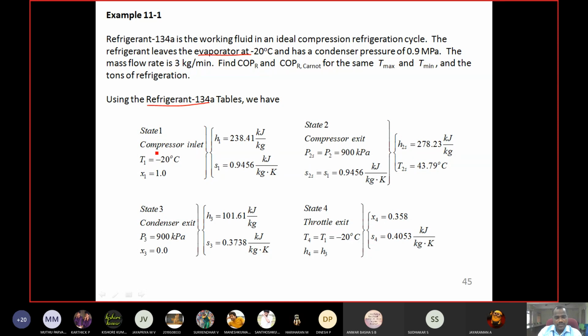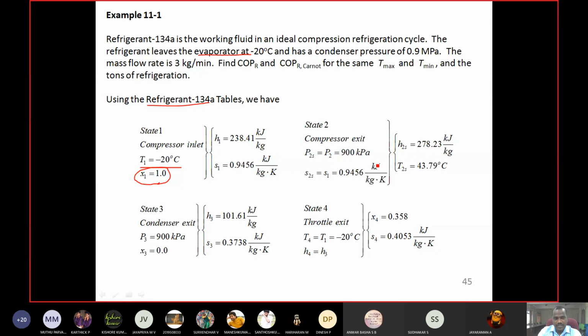At the compressor inlet, the temperature T1 is given. We know the inlet of the compressor will be saturated vapor, so we have X1 as 1. Refer to the T-S diagram: the saturated vapor passes into the compressor to get compressed.